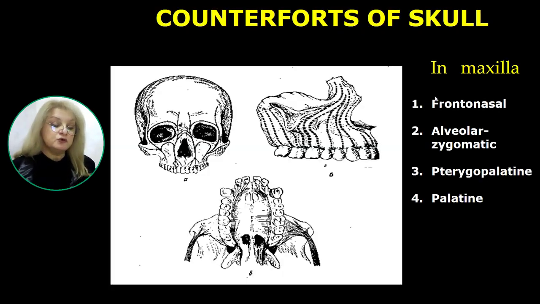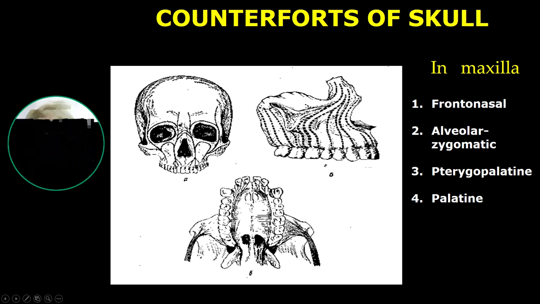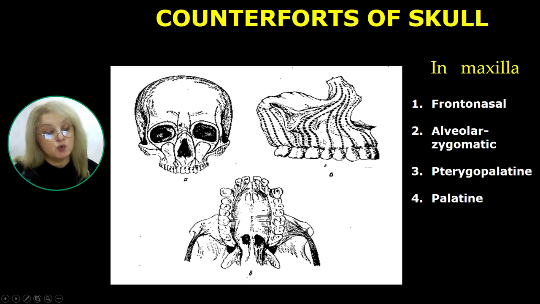Now, one more concept we should cover in this lecture, the concept of counterforts. What is that? Counterforts are thickenings of the bony tissue, like lines, helping to redistribute the pressure while we are chewing hard food.